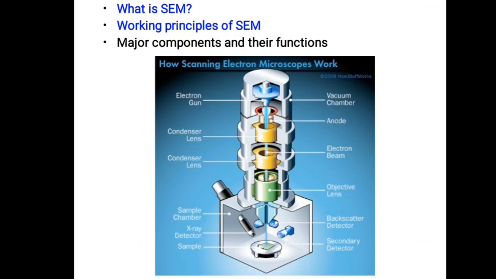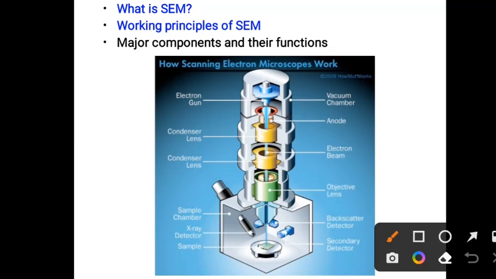Next is the condenser lens. Condenser lenses are used to focus the electron beam at the contacting surface of the sample.